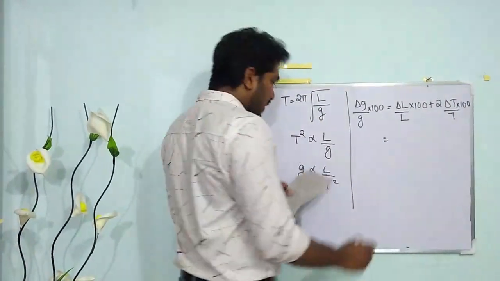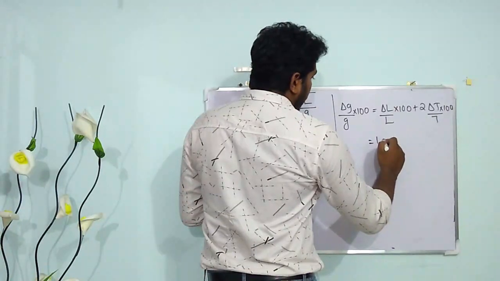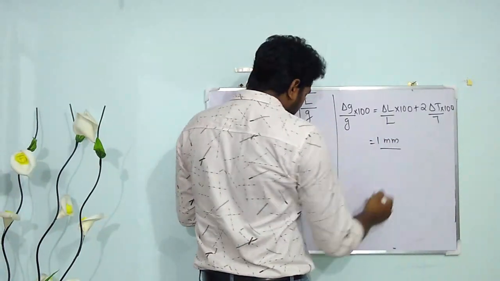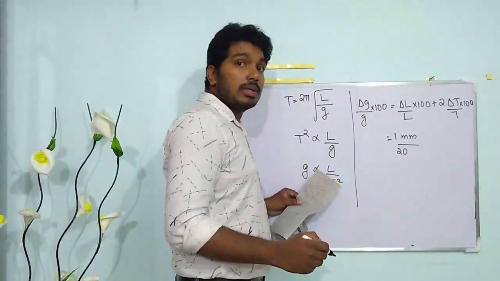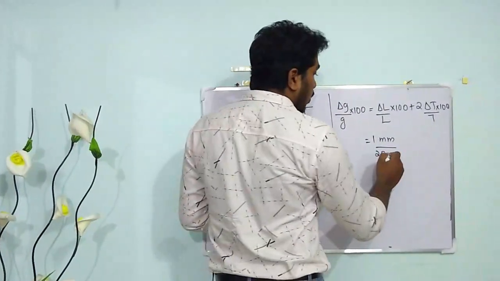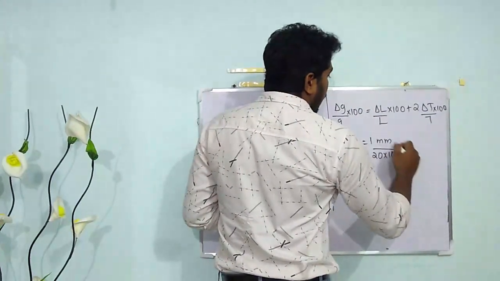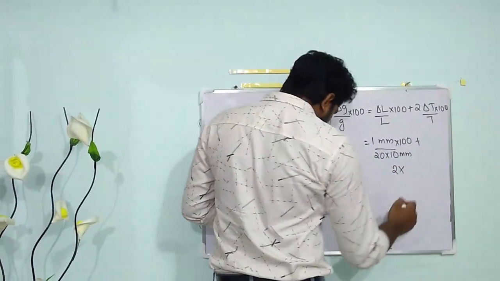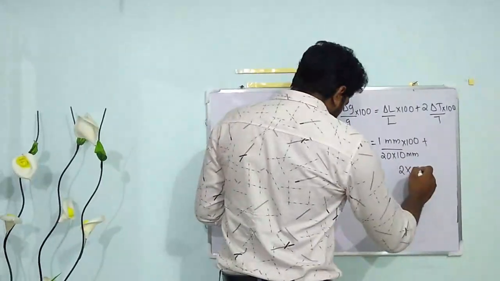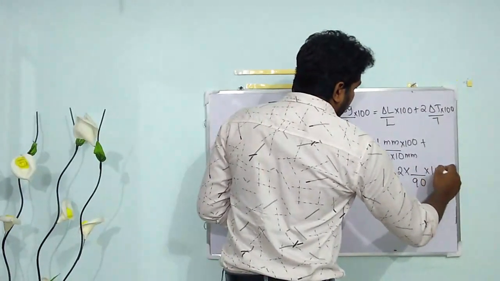So that's equal to, what is delta L? 1 millimeter. So 1 millimeter by L, which is 20 centimeter. 20 centimeter means how many millimeter? 20 into 10 millimeter, into 100, plus 2 into, time is given 90 seconds and resolution 1, so 1 by 90 into 100.